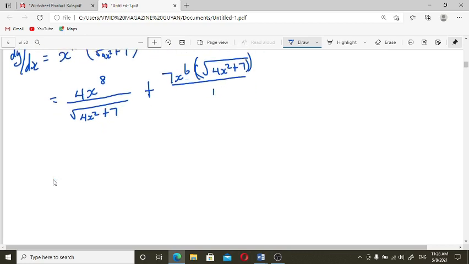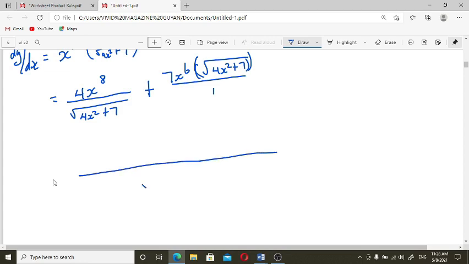Now, unlike before, where I didn't work it out, this is going to be fractional. So you just put divided by 1. Now the LCM is going to be the root of 4x squared plus 7. For the sake of simplicity, just put 1, because you'll need to understand why I do this later on.